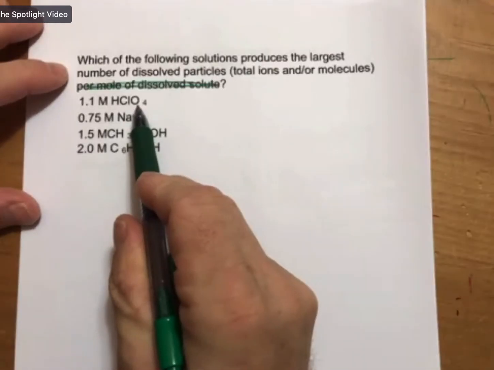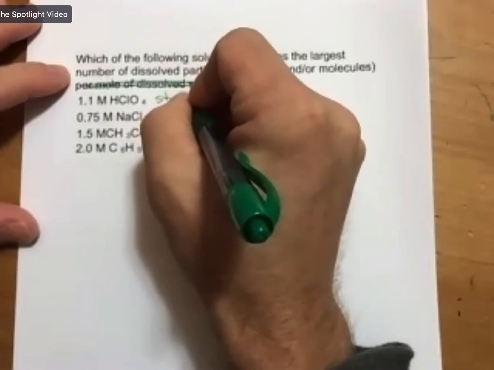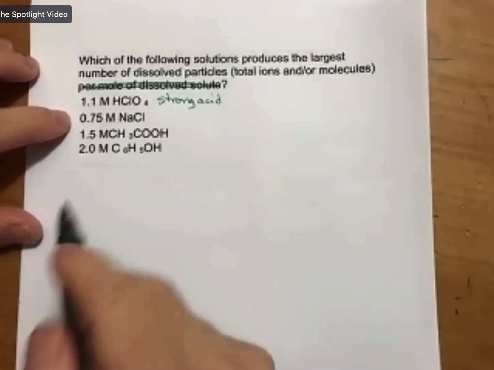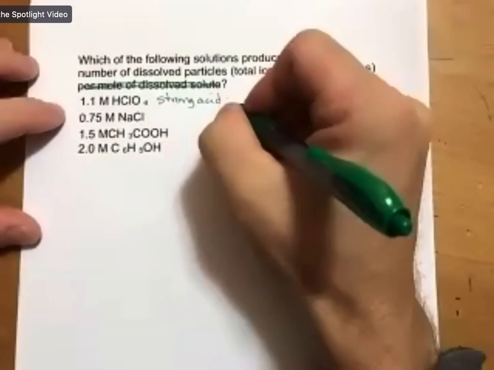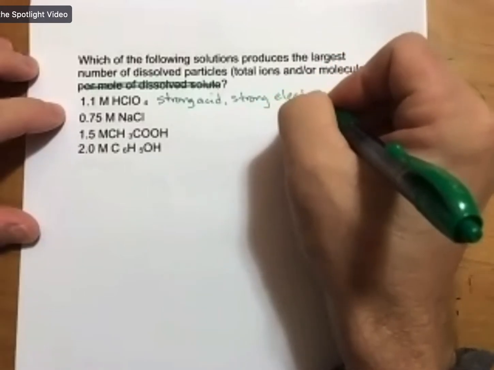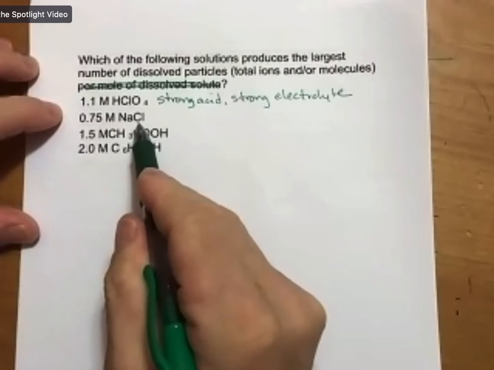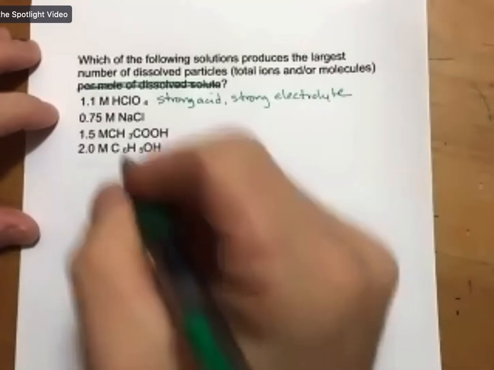HClO4, if you remember, is a strong acid. And sodium chloride is a strong electrolyte.